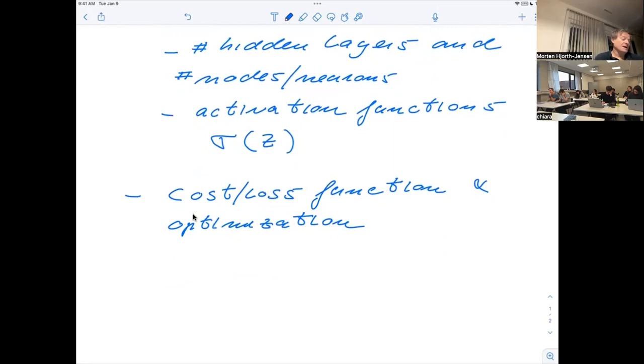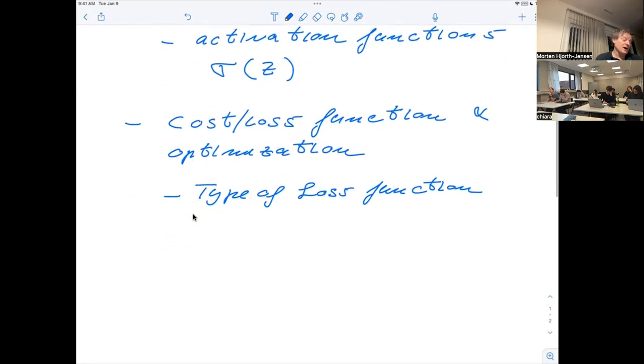So the topics which we then would need would clearly be the type of loss function or cost function. We need to describe what kind of regularization we are going to deal with, whether we have an L2 or an L1 norm type of regularization.